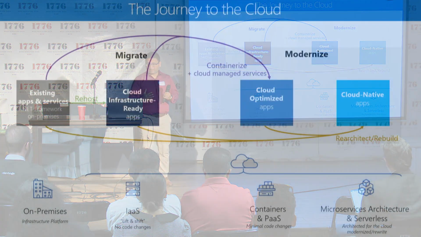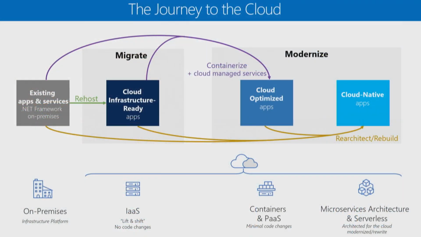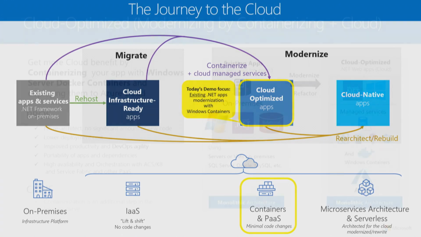I'm not going to focus on building microservices or serverless architecture for now, because that's a huge topic, and that will take probably 2-3 hours to describe. So that's what my demo is going to be focused on.